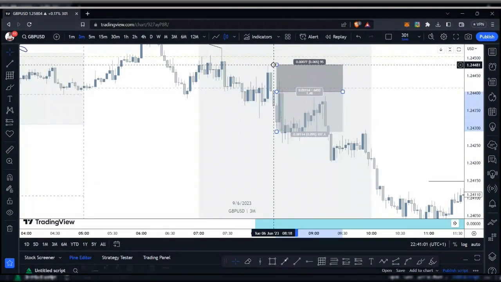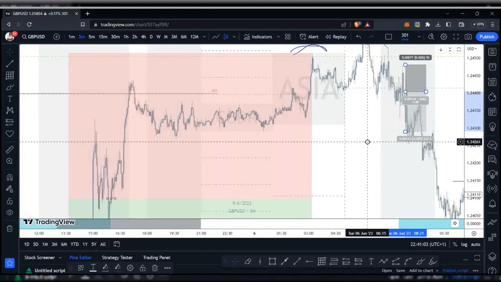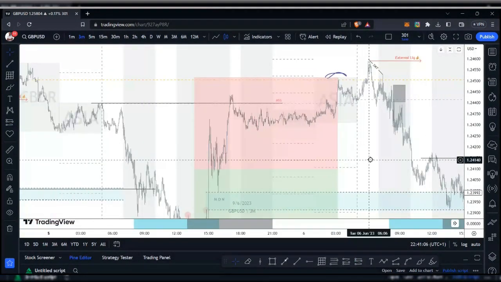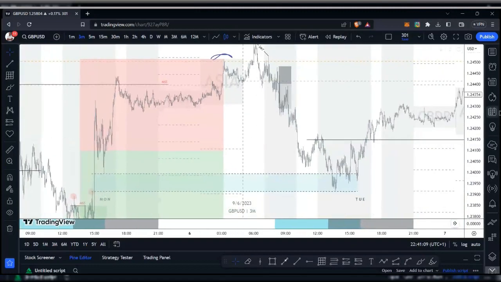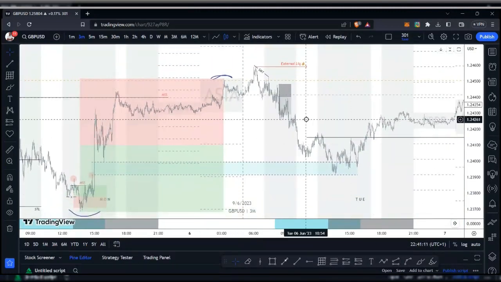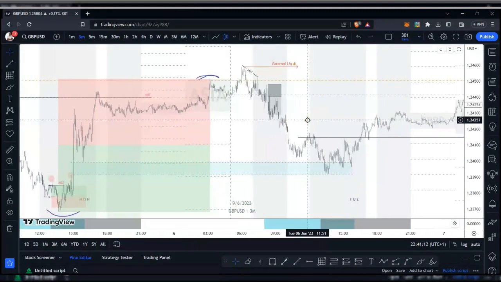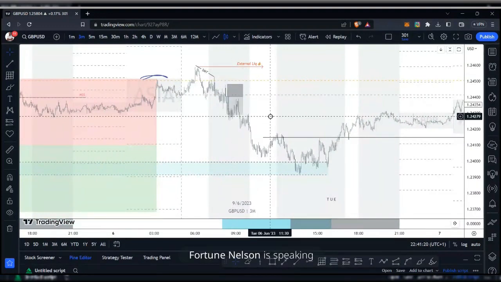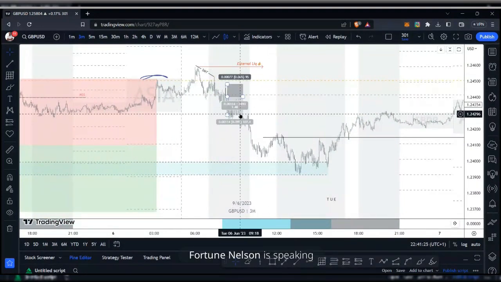Now, question again: what is your overall target? Overall target is what? Let me see if you are really attentive. What is your overall target? Internal liquidity. Why internal liquidity? Because it has an imbalance below it.